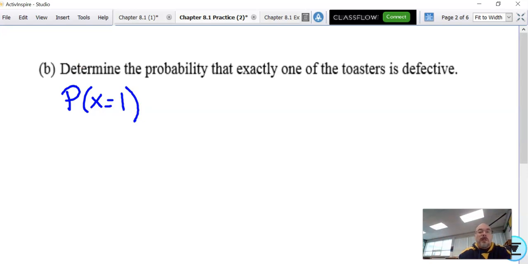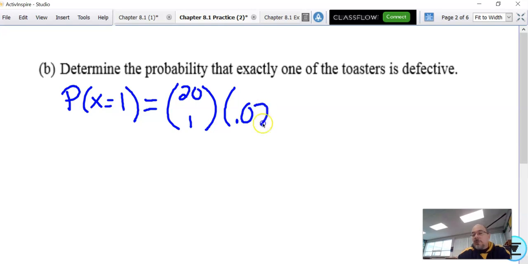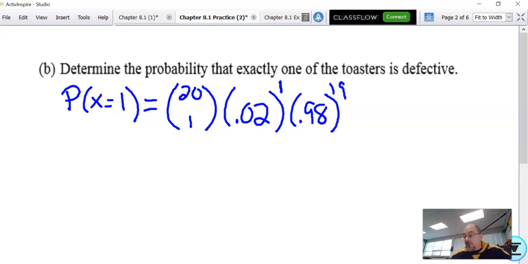So that is going to equal, there's 20 toasters, so 20 at the top, one defective toaster. The probability of success is 0.02. There's only one defective toaster. The probability of failure, which in this case is a good thing, is 0.98. And there's 19 of them that failed. But that's a good thing in this situation.